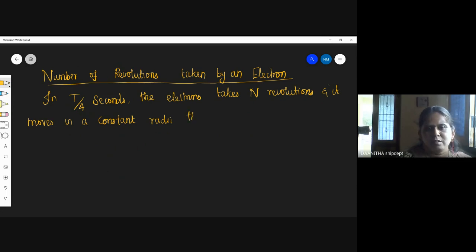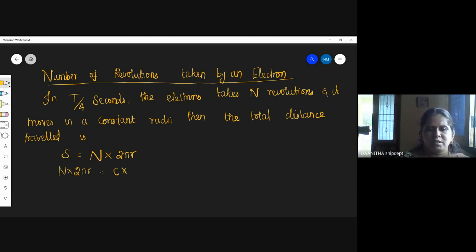Then the total distance traveled, S, is equal to N, where N is the number of revolutions. So after N revolutions, it reaches the distance N into 2 pi r, which is equal to velocity into time, that is the distance traveled.